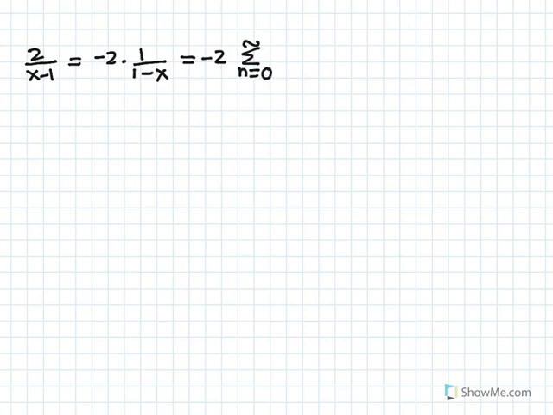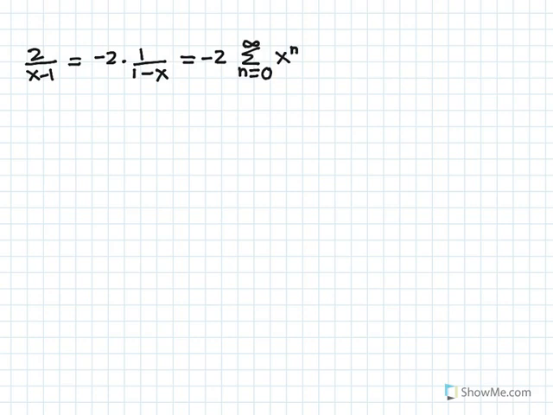All right, so we have written the first fraction, 2 divided by (x - 1), as minus 2 times 1 over (1 - x). This is equal to minus 2 times the summation n equals 0 to infinity of x to the power of n.